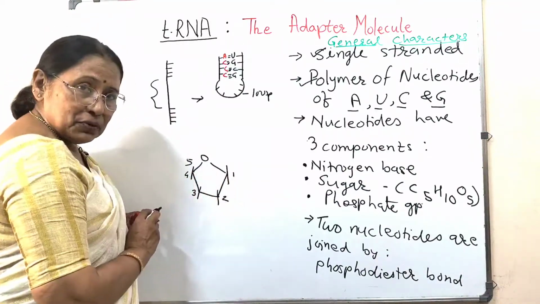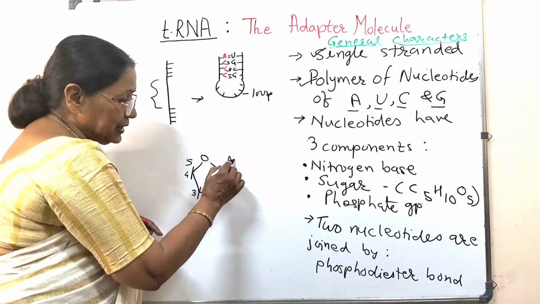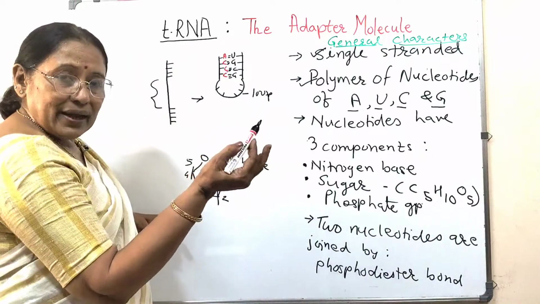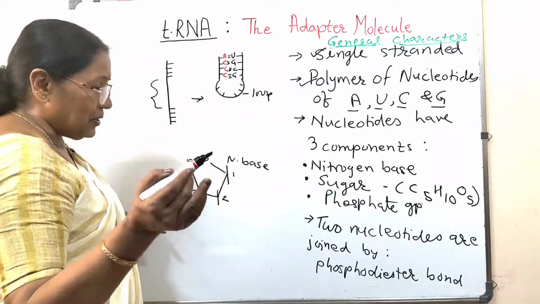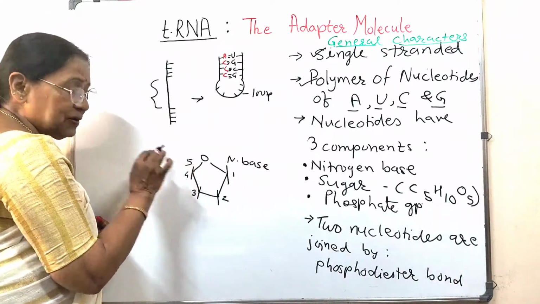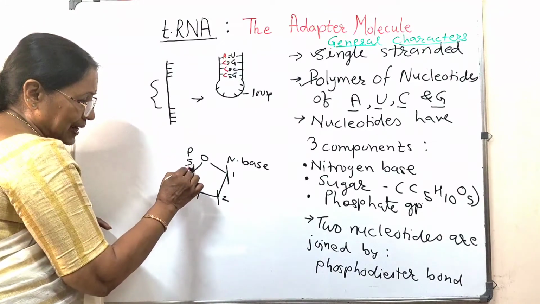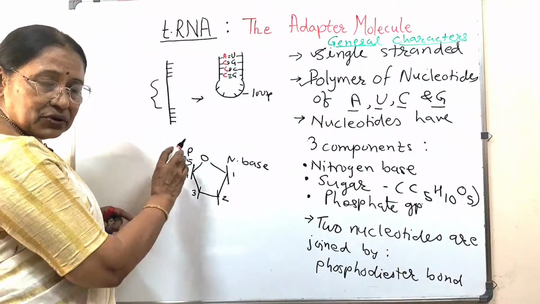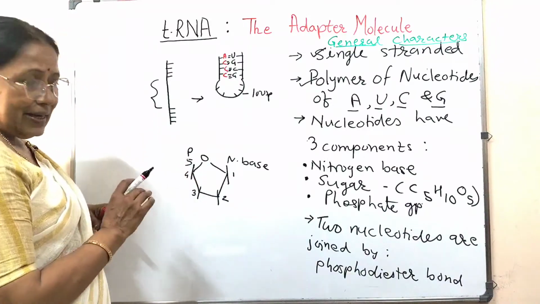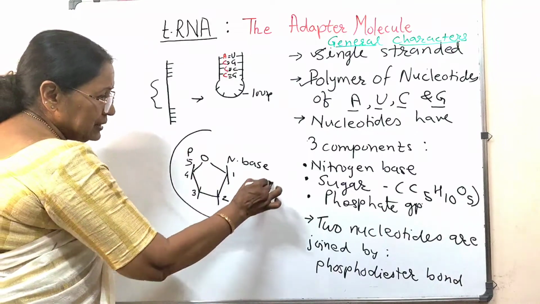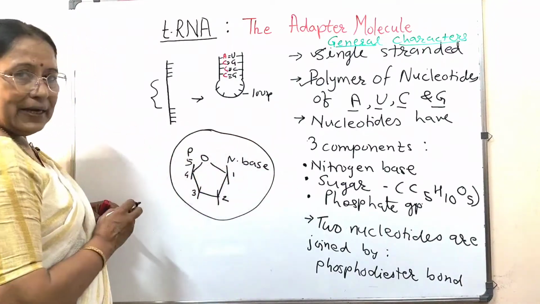To the C1 position, the nitrogen base is attached. It may be a nucleotide of A or U or C or G. And to the fifth carbon, the phosphate group is attached. Thus, these are the three components of the nucleotide.